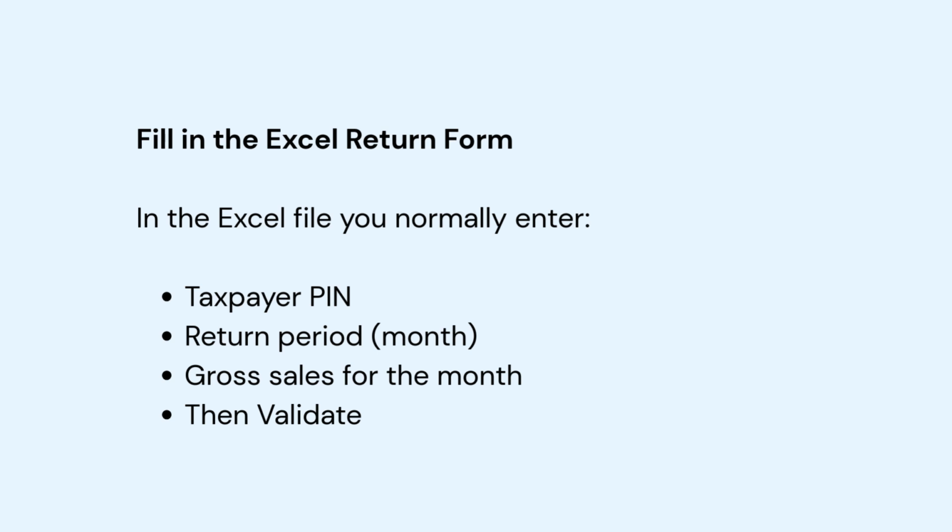So make sure you fill in your KRA PIN, the year and the month that you want to file your turnover tax. Then fill in your monthly turnover or your monthly sales carefully and double check your figures. Then submit your return once everything is correct.